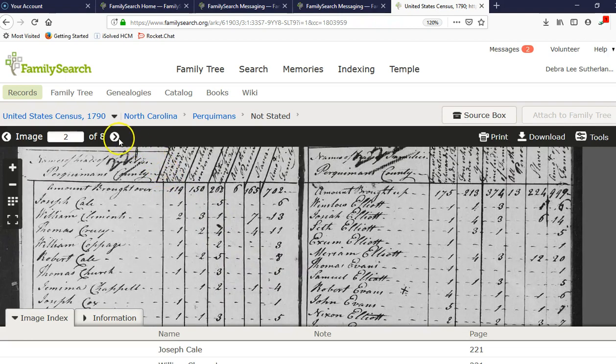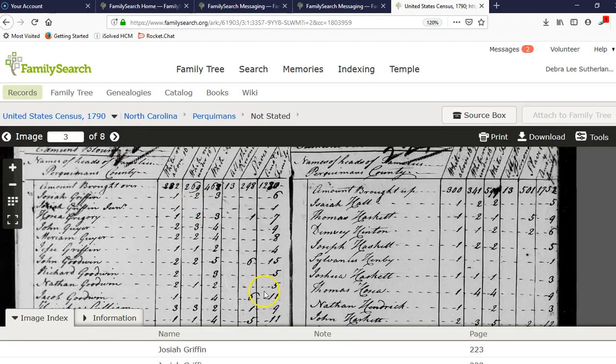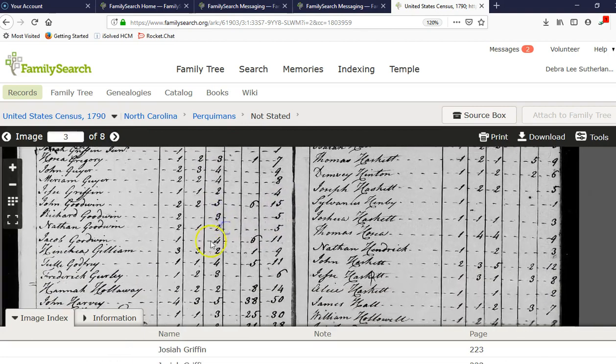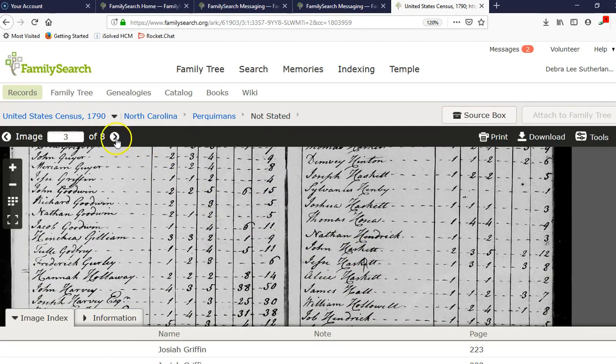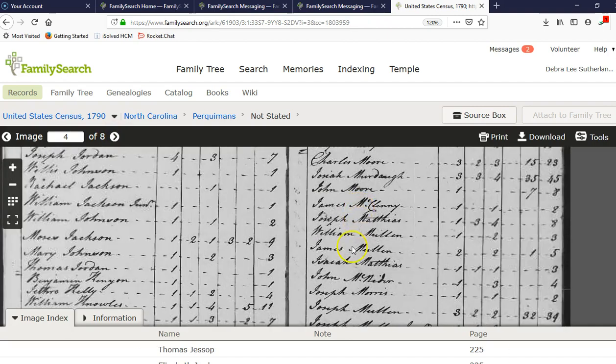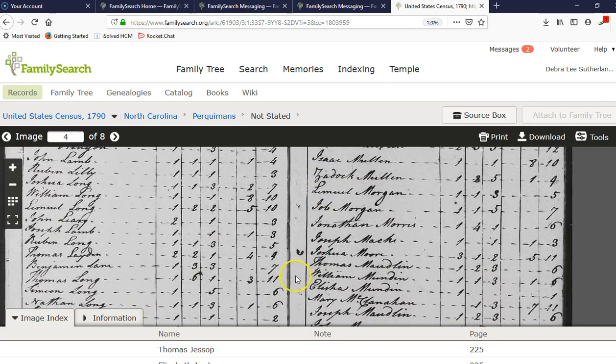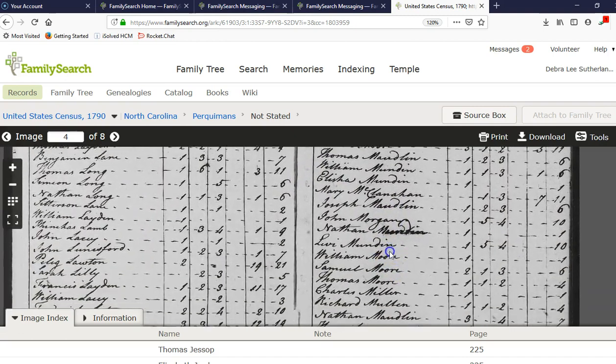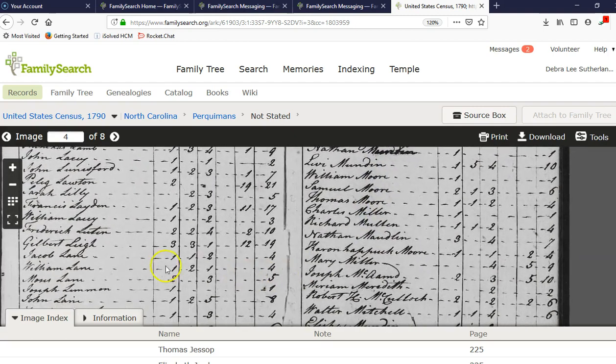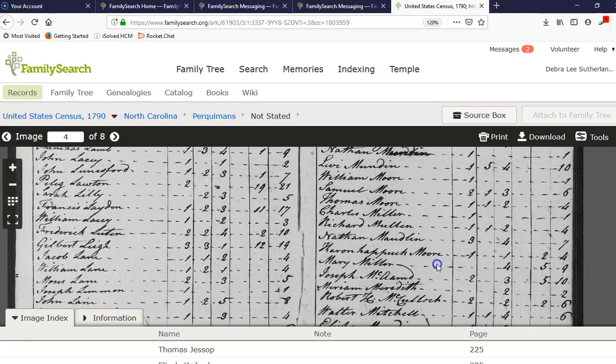But you'll find that you'll learn allied families. You'll find that a lot of times brothers would marry sisters, or siblings would marry into similar families. So you just need to go in and find that information and start mapping it.